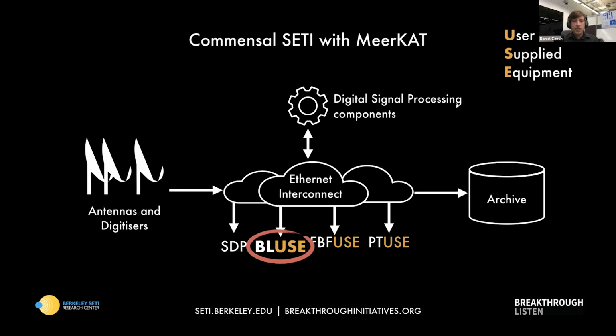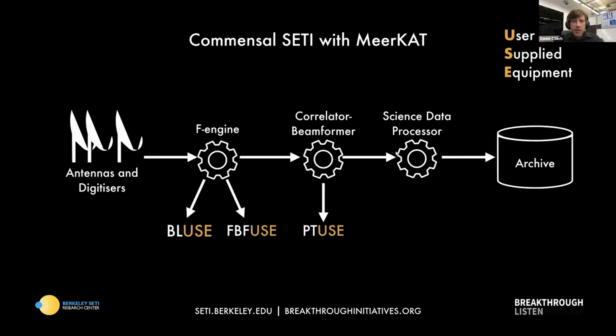You can see there are a number of others. Some examples might be FBFUs or PTUs, which look at pulsars and various other objects, but BLUs would be one of these user-supplied equipment systems, which I'll go into in a little more detail next.